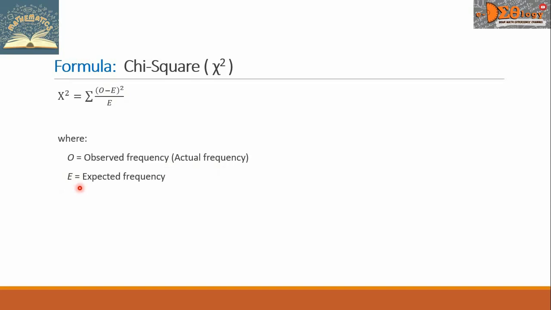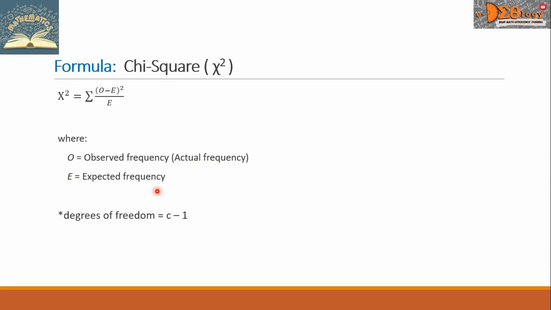This is now the formula of chi-square. We have chi-square equals the summation of this fraction. The numerator is capital O minus capital E, and the quantity is squared, over the denominator, that is capital E. The O here is the observed frequency, or we say the actual frequency, whereas the E is equal to the expected frequency.